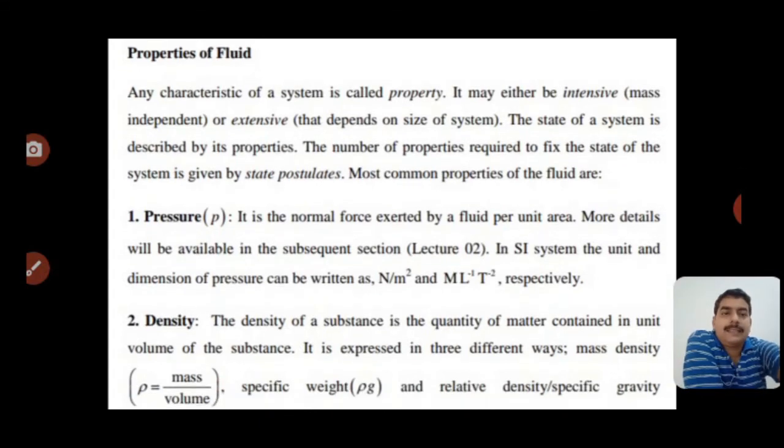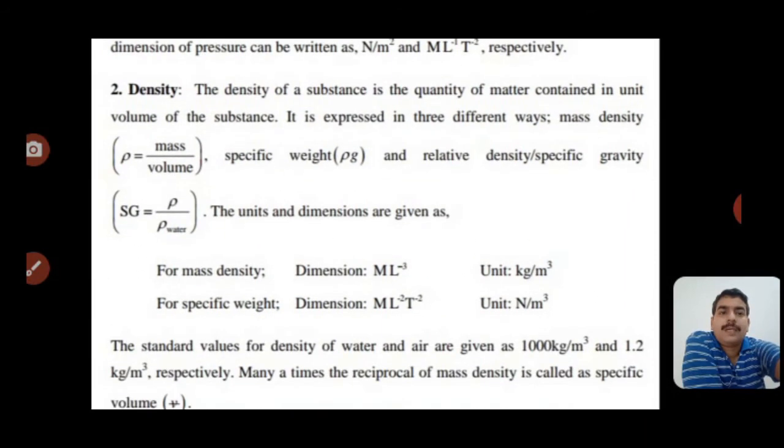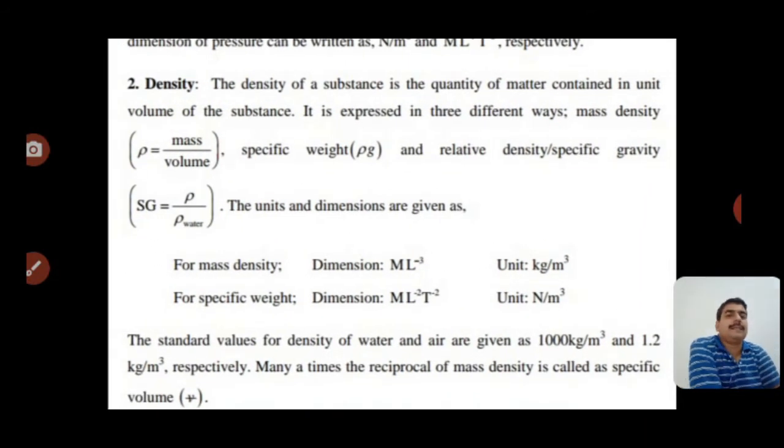Second property of the fluid is density. We denote density in mathematical notation by rho. Density of the fluid is equal to mass upon volume, simply m upon v, where m is the mass of the particular system and v is the volume of that system.